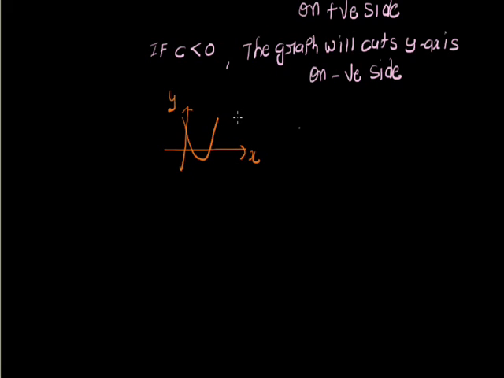Similarly, in the second case, if c is less than 0, the graph can be like this. It will cut the negative side of the y-axis.